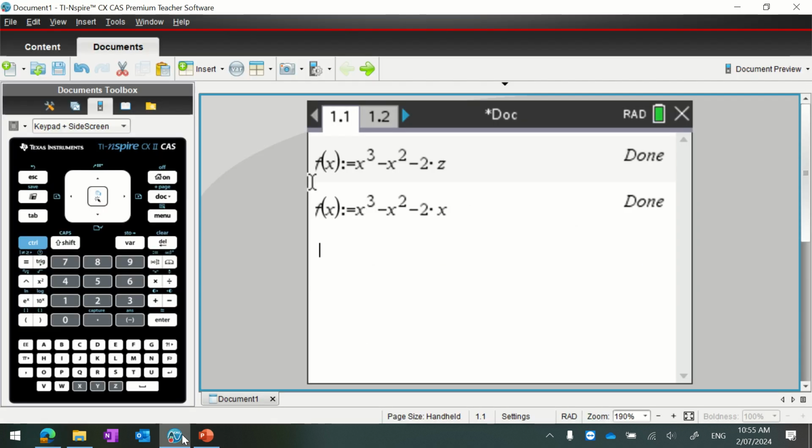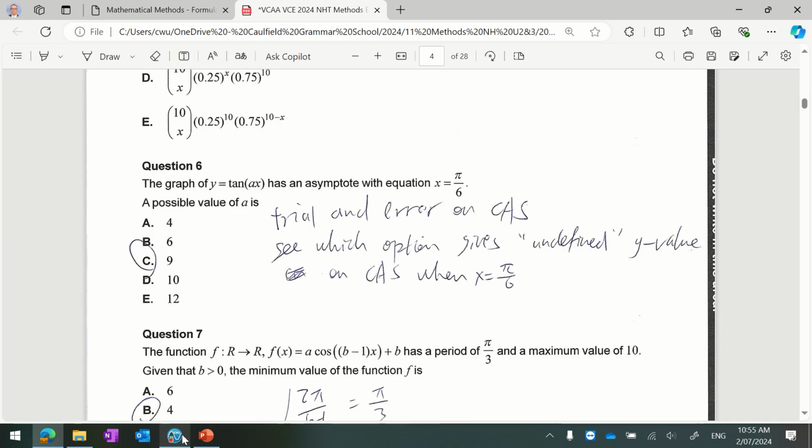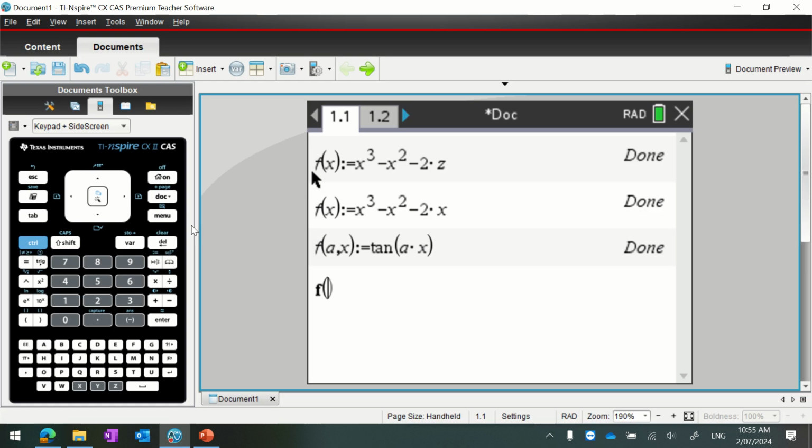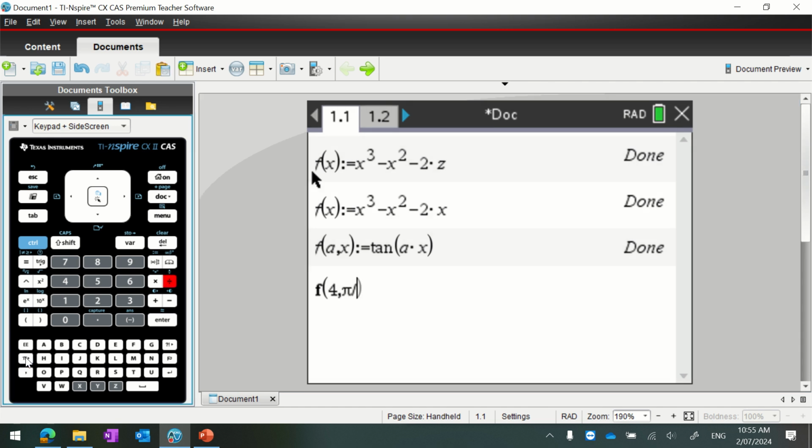So this is what I mean. Tangent of A times x. So I'm defining a function in terms of A and x. And if I try the first option first, which is 4, and the x is pi over 6, it is defined.